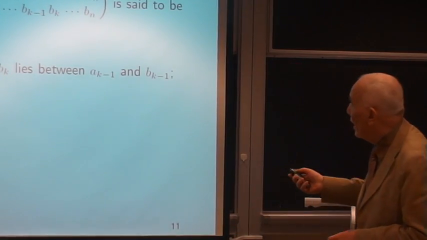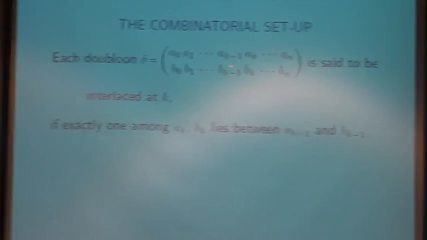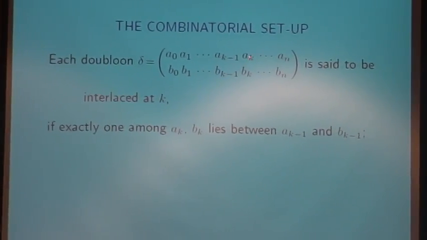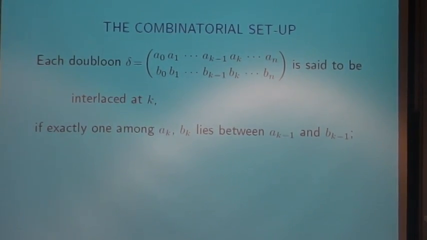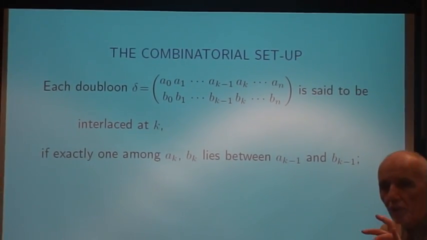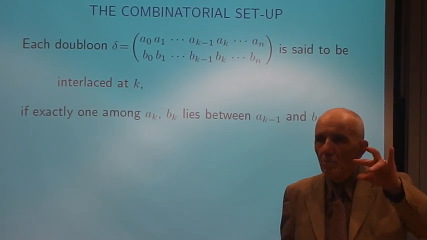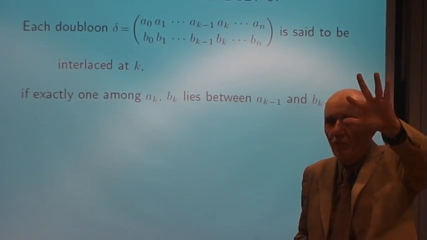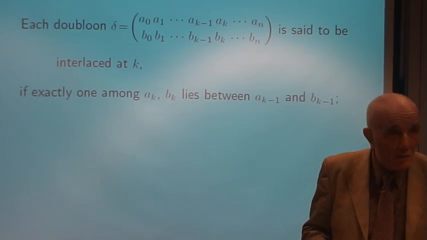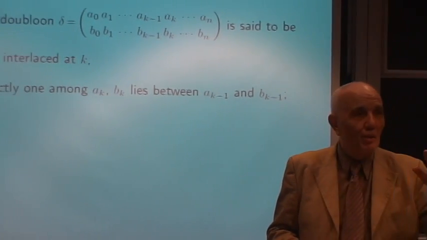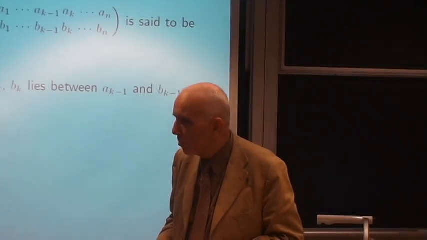If we have two successive columns like A_{k-1}, B_{k-1}, A_k, B_k, those four integers are distinct. So we have four integers, so there are 24 possible ways of ordering them.